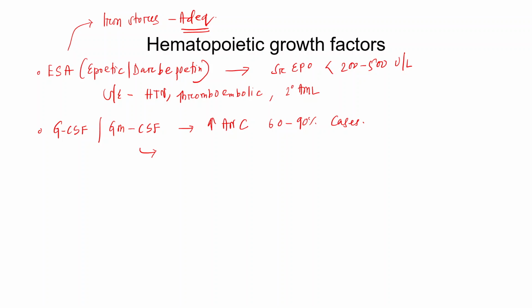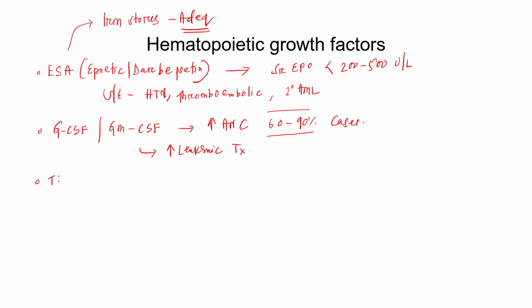However, there is also an increased risk of leukemic transformation. So that's why GCSF or GM-CSF are not commonly used.